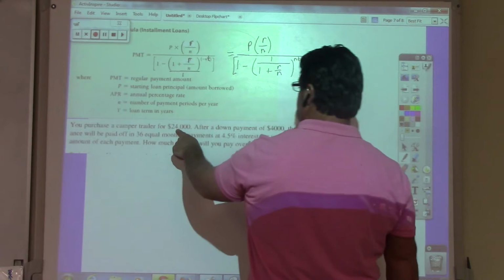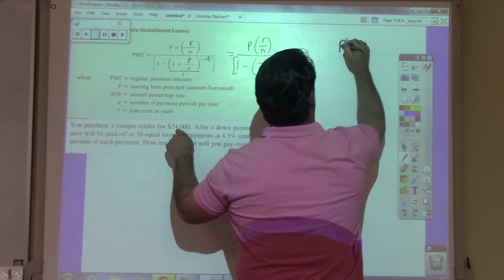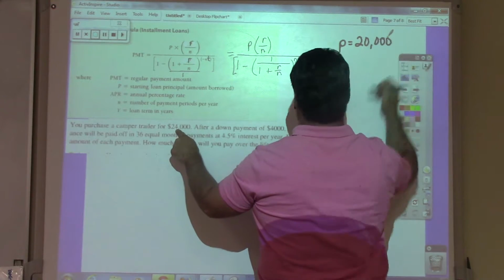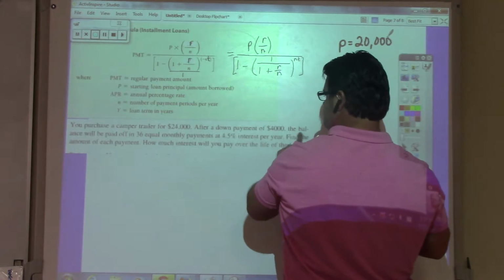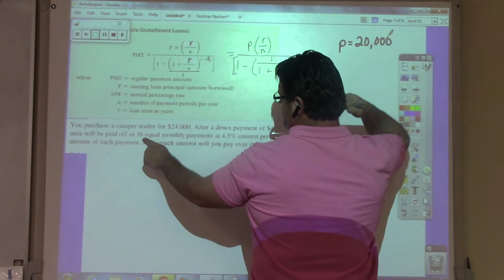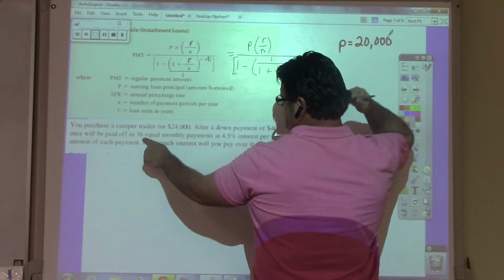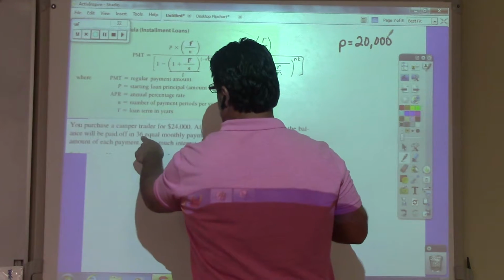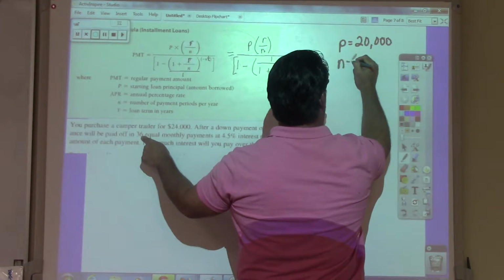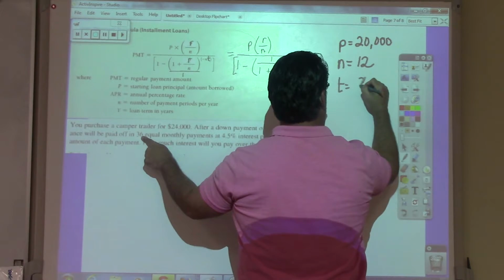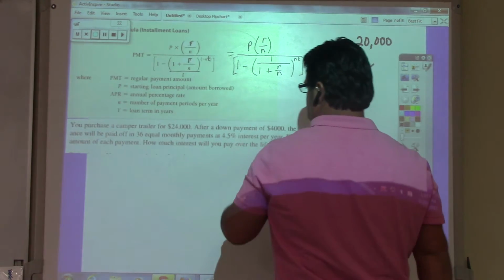Basically, the principal is 20,000. And the balance we paid off in 36 equal payments. So in this case, N is going to be 12, and T is going to be 3 years.